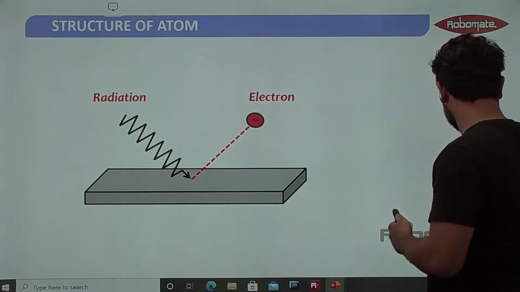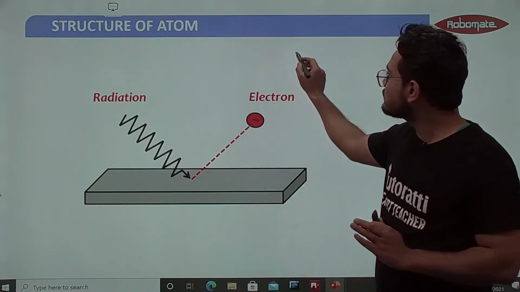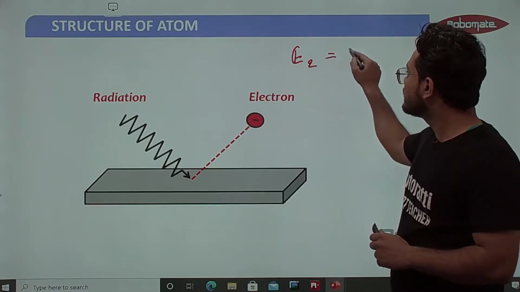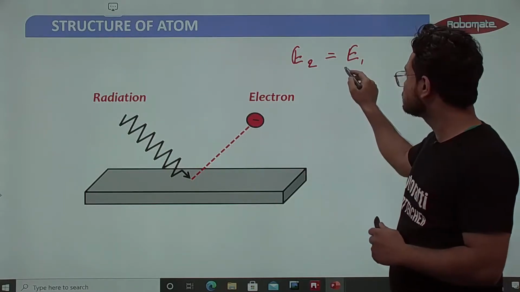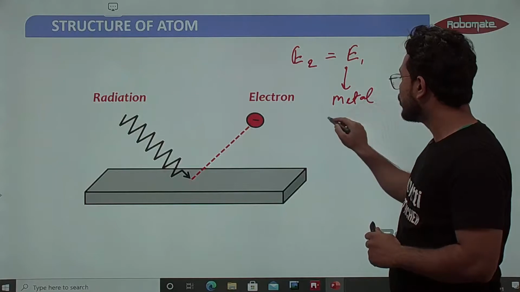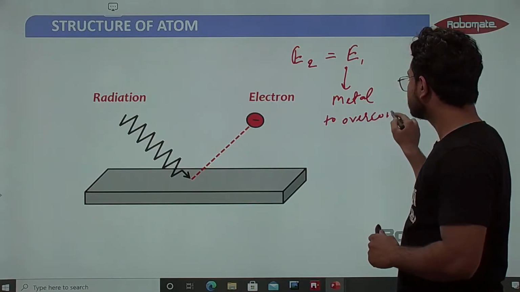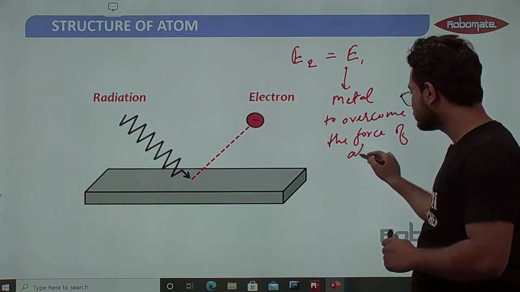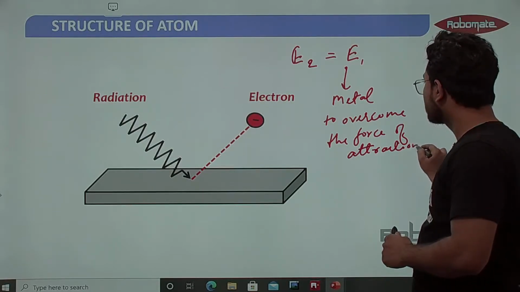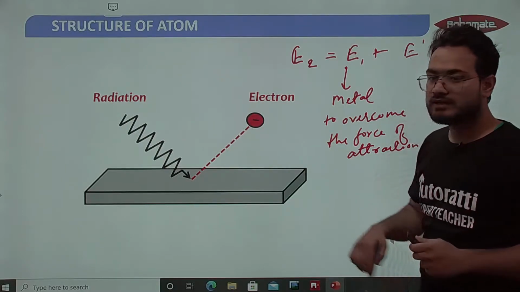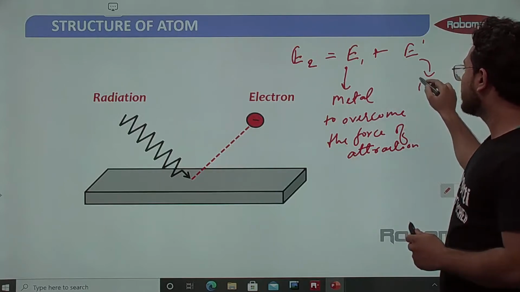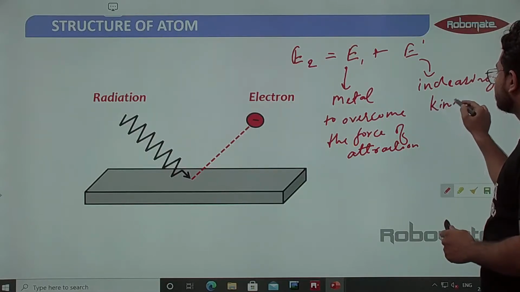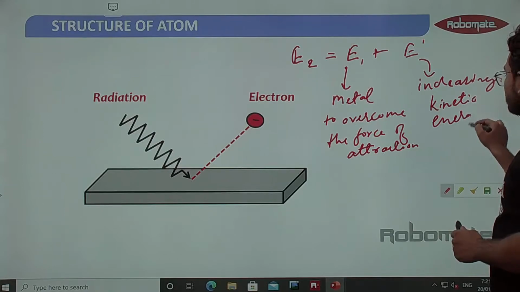It means if I am giving you certain energy E2, then E1 will be paid to the metal to overcome the force of attraction, and the rest energy E dash will be used in increasing kinetic energy.